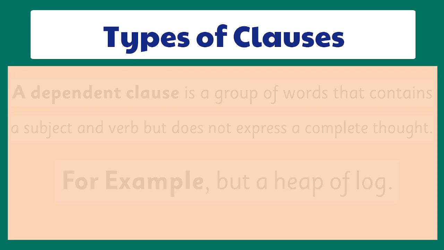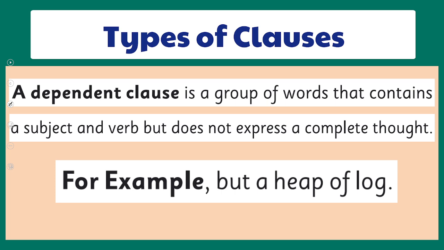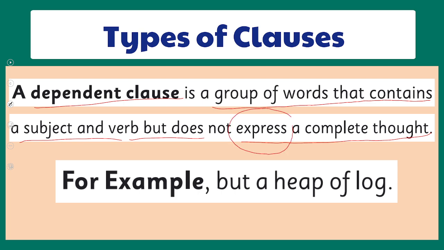So let's go further. Here we have the second type, the dependent clause. What is a dependent clause? A dependent clause is a group of words that contains a subject and a verb but does not express a complete thought. So dependent clauses are those clauses which contain a subject and verb but cannot express the complete meaning without being attached to another group of words or another clause.